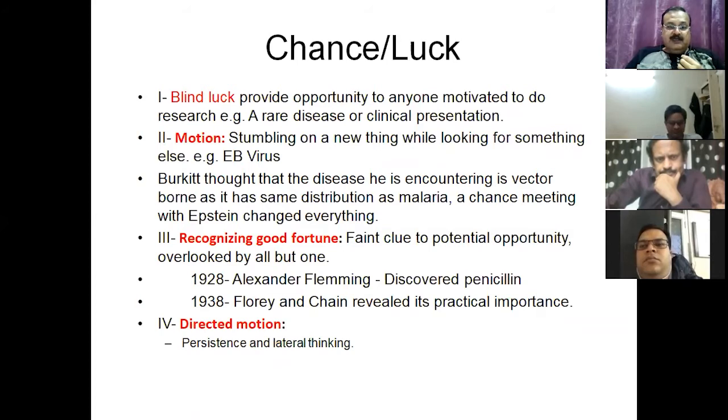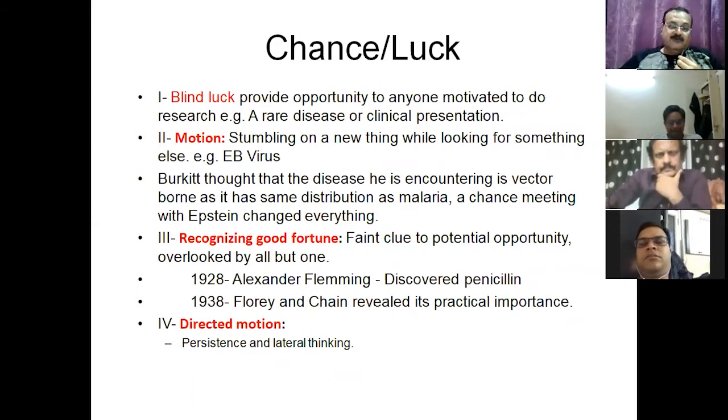When he came to England, he met Epstein, at the time when electron microscopes had just come, and they found that a virus particle was causing it. Because he was working on malaria, he observed a disease, and a chance meeting with Epstein led to the discovery of the Epstein-Barr virus.